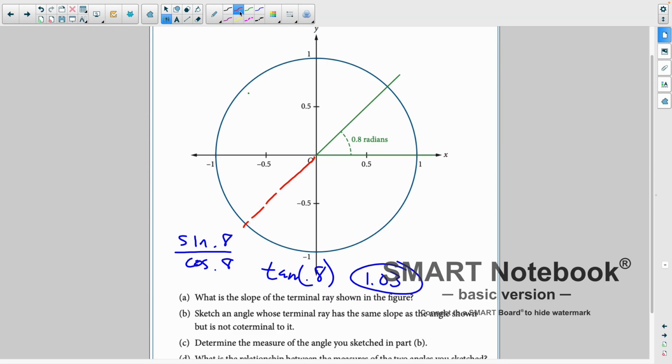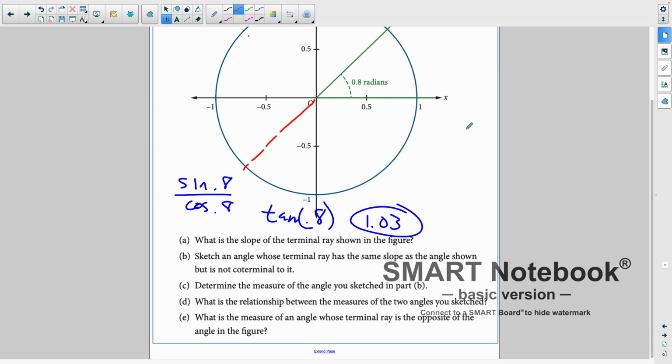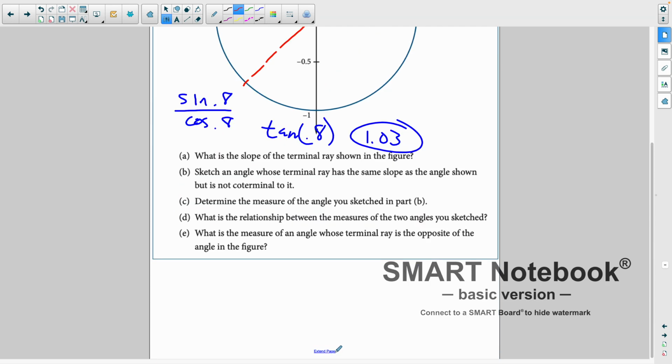Now, since I'm dealing with radians here, you would do what? Pi. All right? So to do this, I would say 3.14 plus 0.8. And so that's 3.94 would be that angle measure. Everybody okay with that? Is that what you got? You could have converted to degrees if you wanted to, but that's a lot more work.